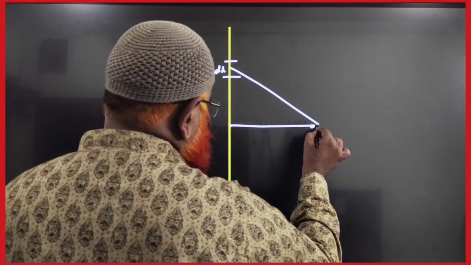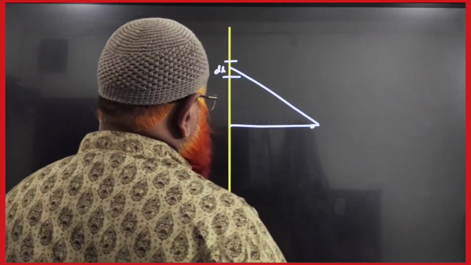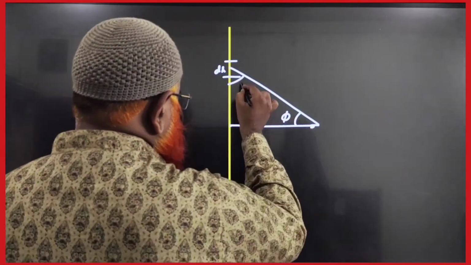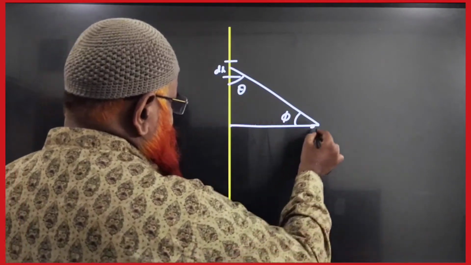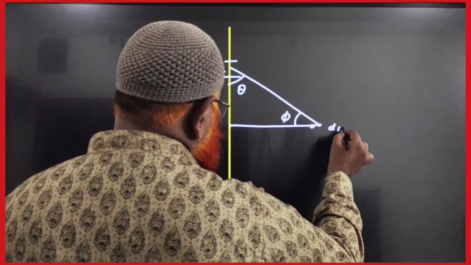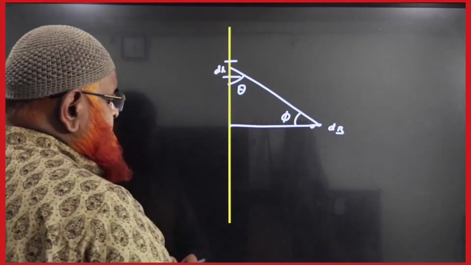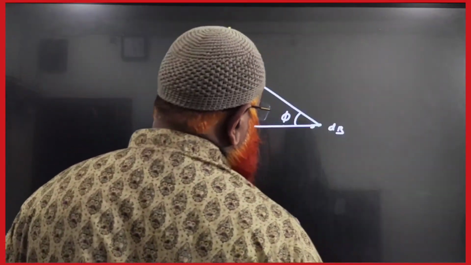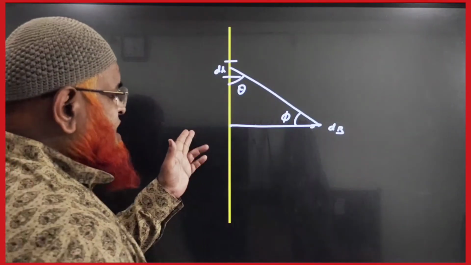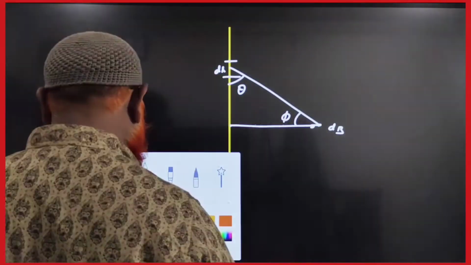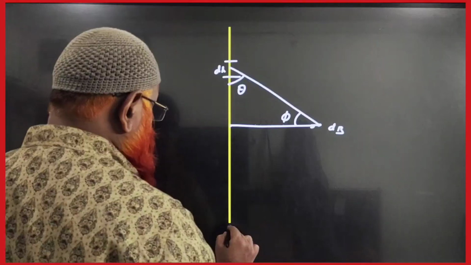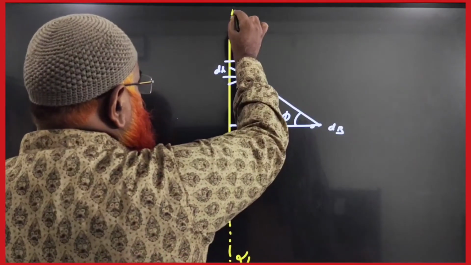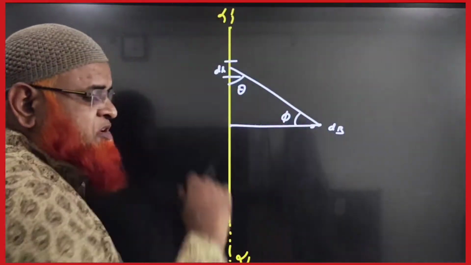Let us imagine at this place, this angle is phi and this is theta, and the magnetic induction developed here is taken as dB because of the smallest part. Previously we took a general case with a curved wire, but now you are taking a straight wire of unlimited length, going to infinity on both sides.